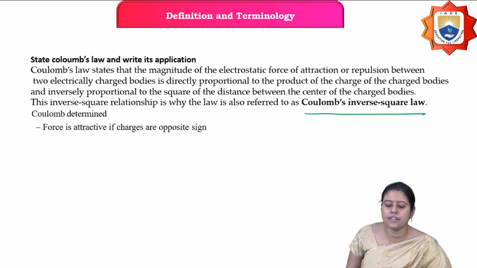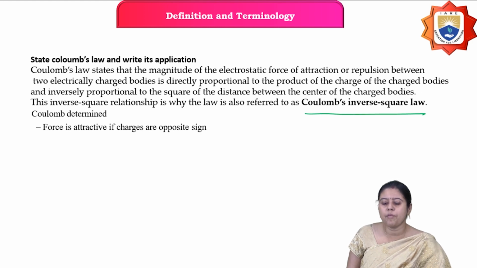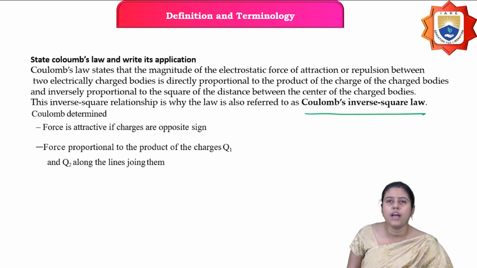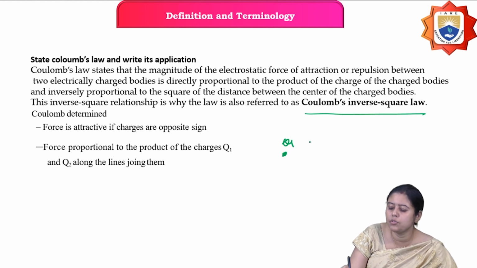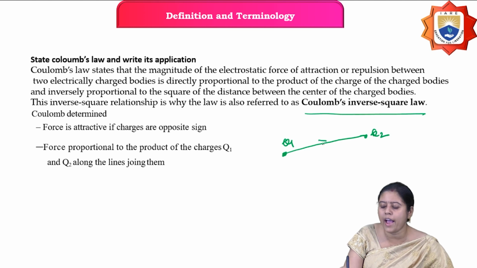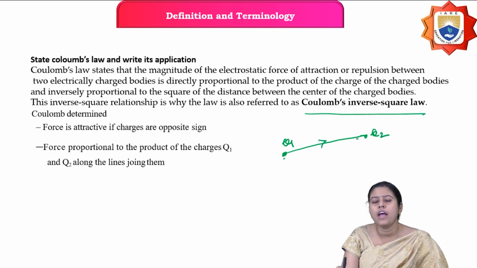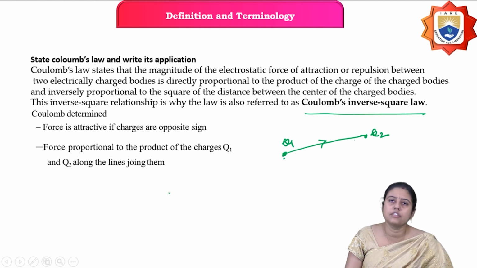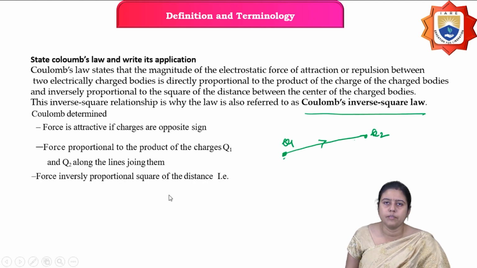So Coulomb's law determines that the force is attractive if the charges are of opposite sign. The force is proportional to the product of the charges Q1 and Q2 along the line joining them. If there is a charge Q1 and another charge Q2, force always acts from the center of one charge to the center of the other, along the line joining them.